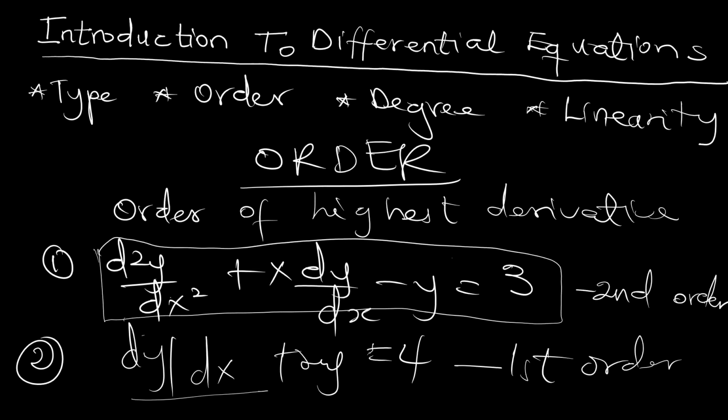So the order of the differential equation is simply the order of the highest derivative appearing in it. So if we have d cubed y over dx cubed minus d squared y over dx squared plus 4 is equal to 0, the order is going to be third order because the highest order is what? The third order in the differential equation. So that's what we mean by order of the differential equation.